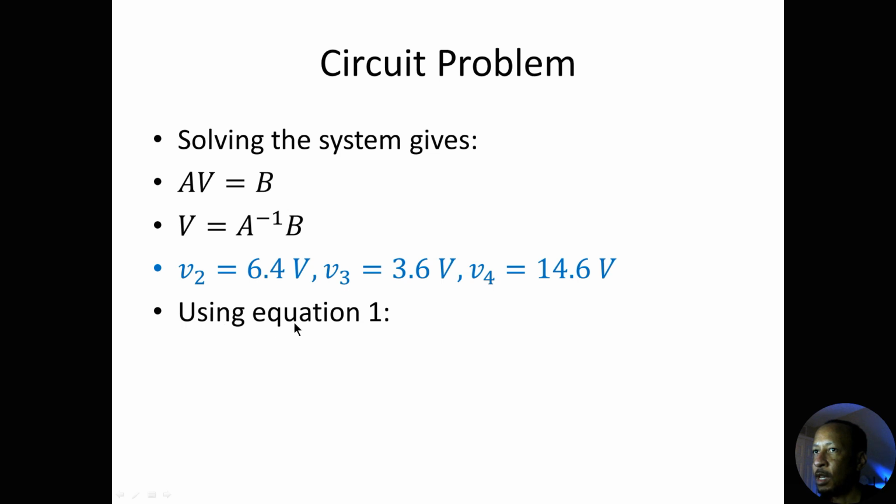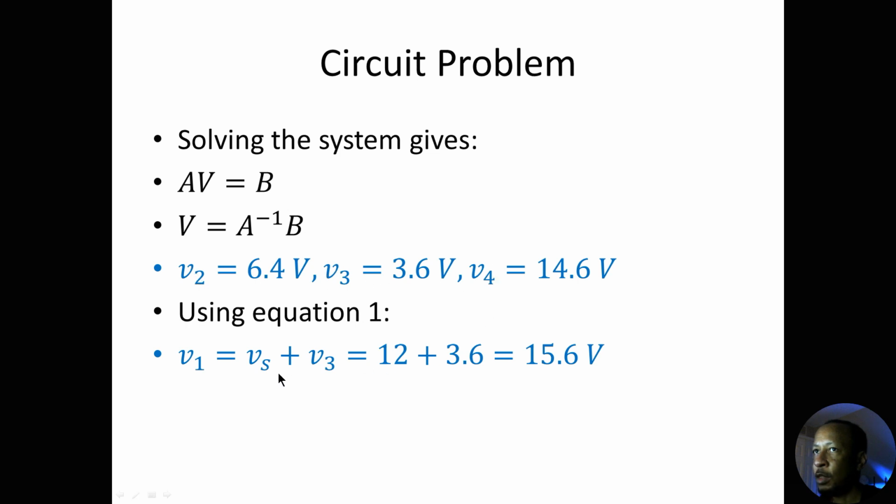And now, using equation number 1, we can find out V1, and V1 is equal to Vs plus V3, which equals 12 plus 3.6, which equals 15.6 volts. So that's the final answers for our problem here for V1, V2, V3, and V4.